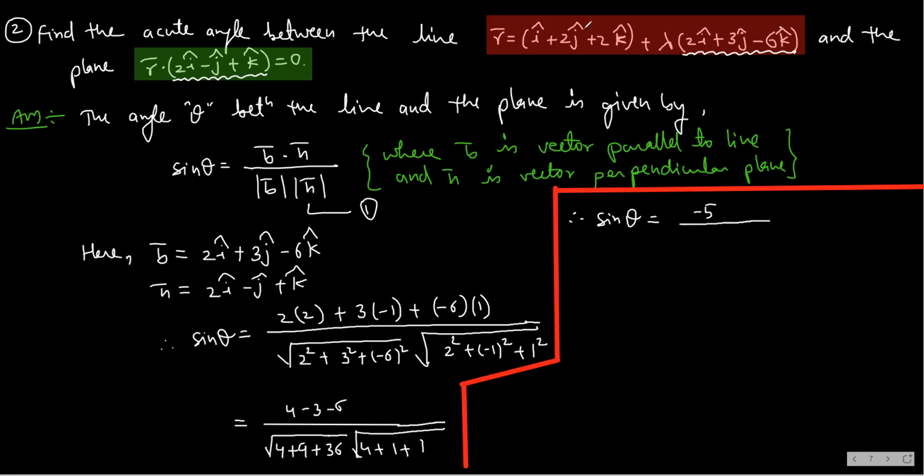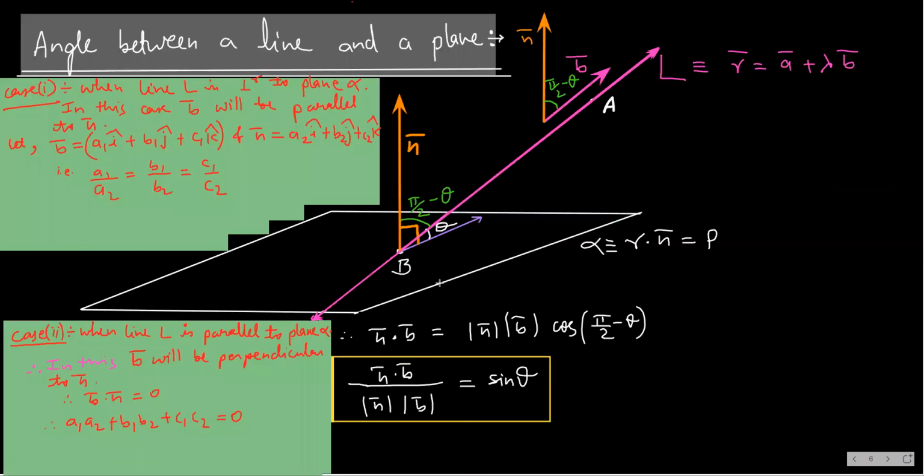Okay students, see, we are asked the acute angle, okay? So we need to be writing this in mod right from the beginning. You know what is happening? If you are not writing in mod, then you might get this angle, which is a reflex angle.